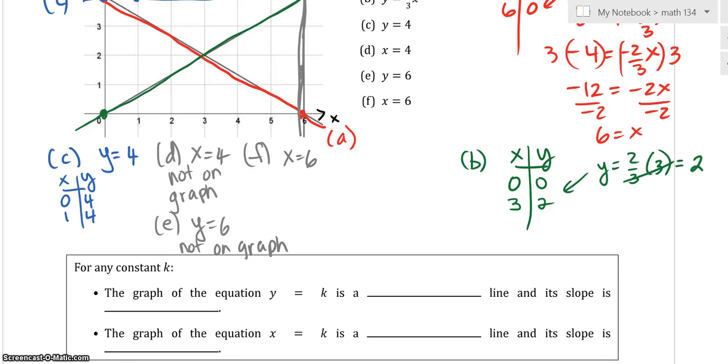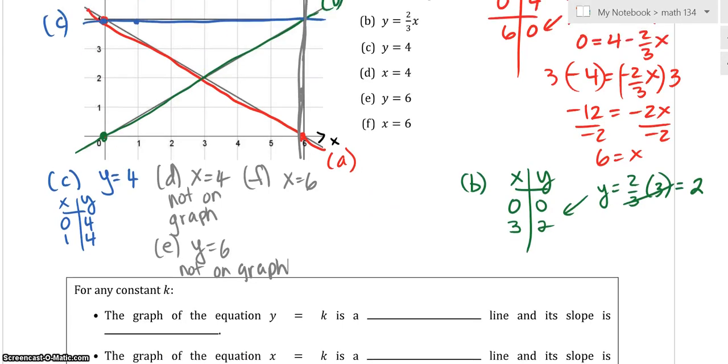So it's going to end up being a horizontal line like C. And the graph of x equals, on the other hand, like this one was x equals 6, but even x equals 4, that means x is always 6 or x is always 4. Those look like they're going to be vertical lines. So those are the two words that go there.